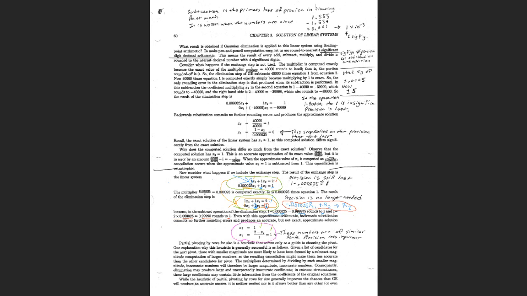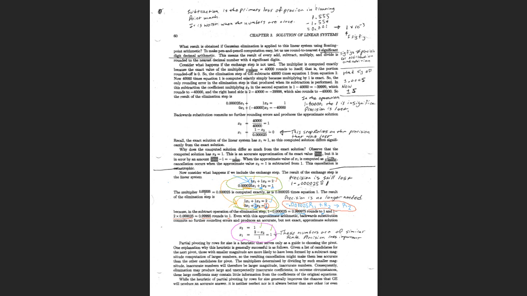And so that is a much better approximation, because the exact answer for x1 is 40,000 over 39,999, and the exact answer for x2 is 39,998 over 39,999.